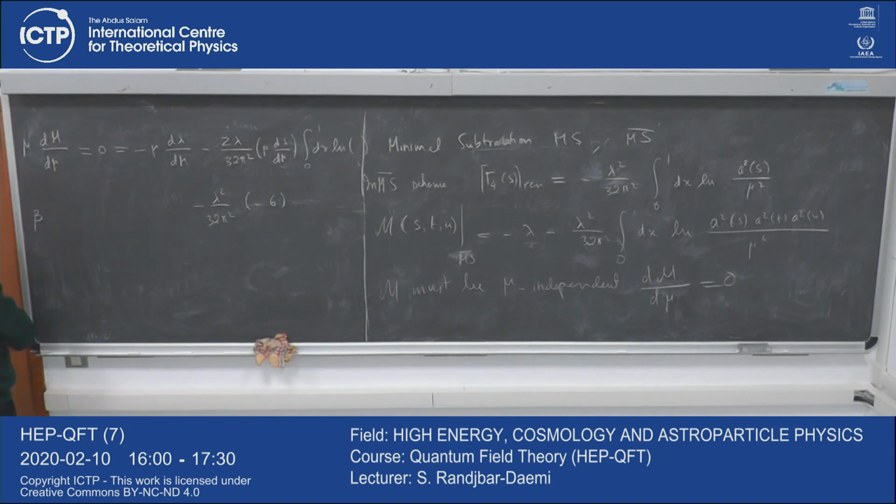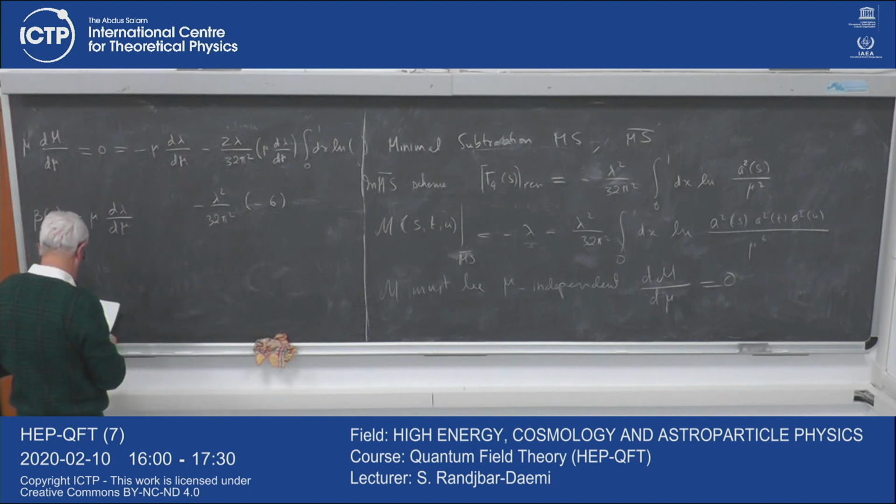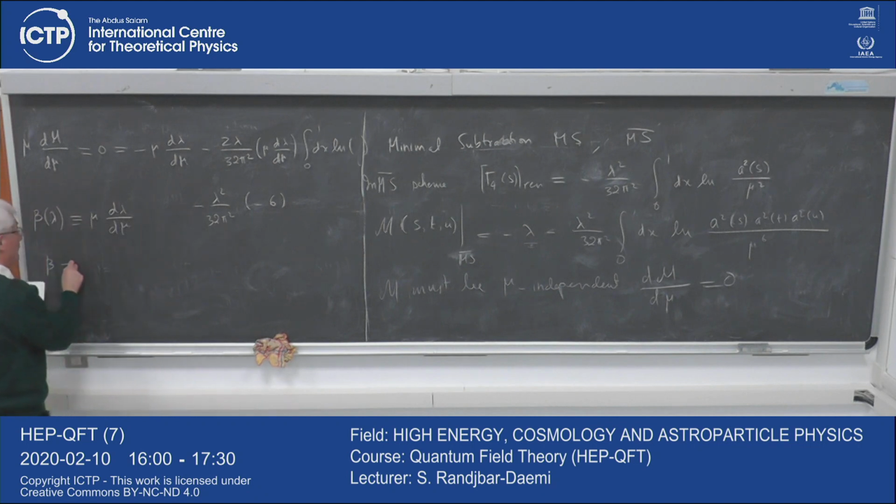So this is called the beta function, which depends on the coupling lambda, and it is defined to be mu d lambda by d mu. So this term is beta. Simplify these things and evaluate beta.